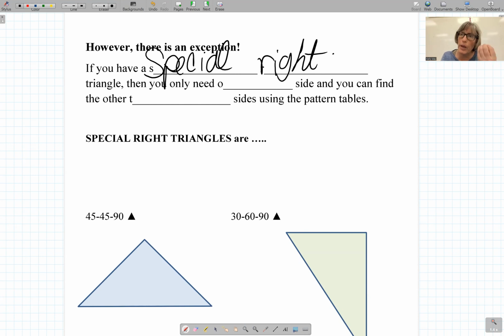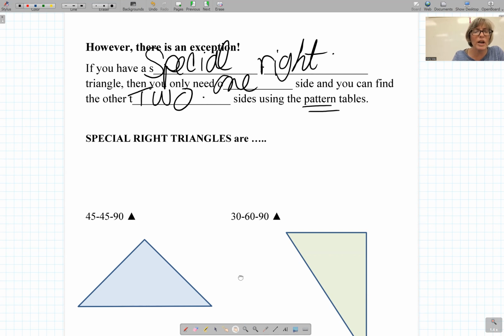And when you have special right triangles, special meaning a particular situation, you only need one side. And then you can find the two other sides using this special right triangle pattern. There's a pattern there, a shortcut.